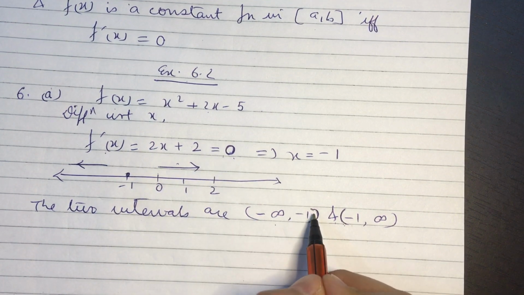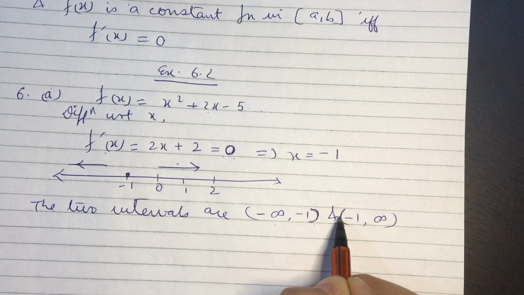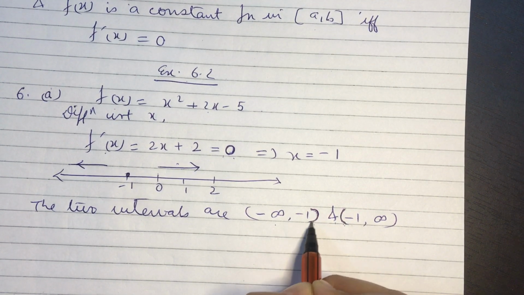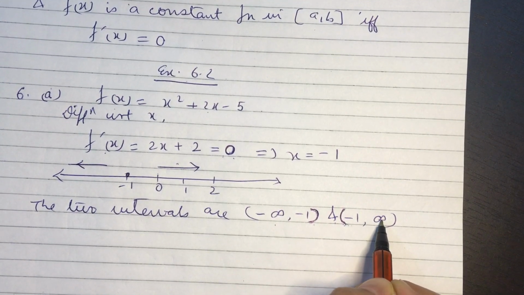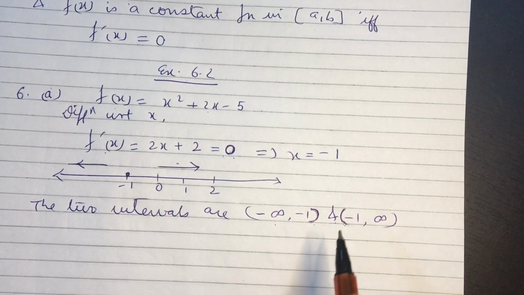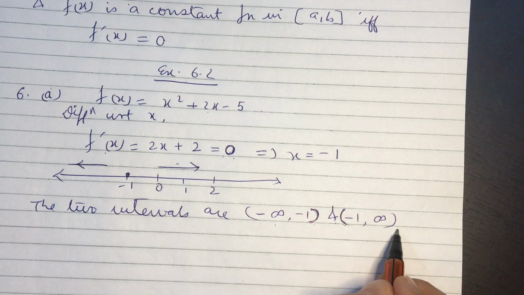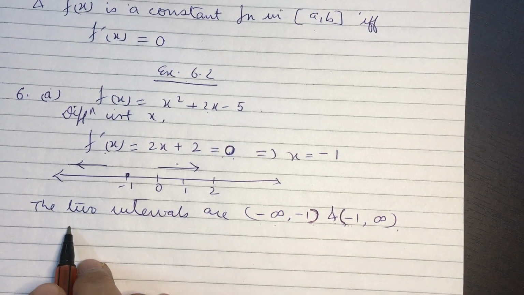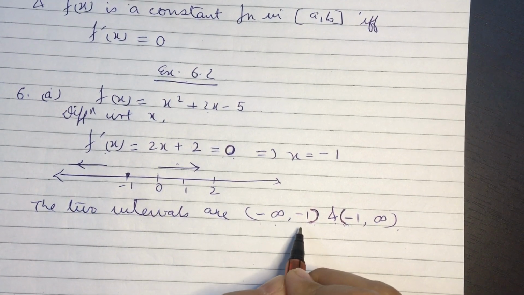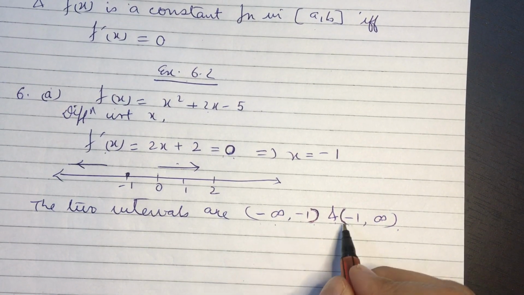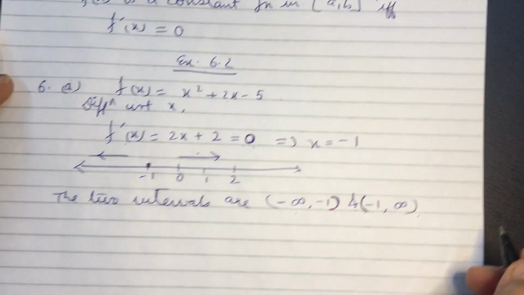That's why we don't make use of square brackets here, we use small brackets instead. And minus infinity and plus infinity in any case are always clubbed with a small bracket. So the two intervals which we get here are minus infinity to minus 1 and minus 1 to infinity.